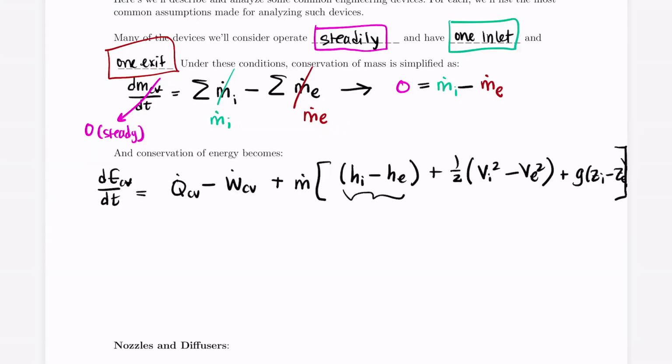So this is delta H, this is delta KE, and this is delta PE.